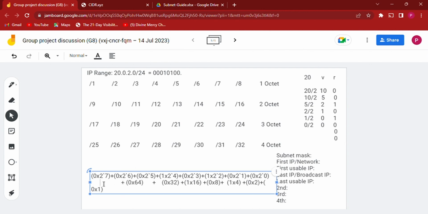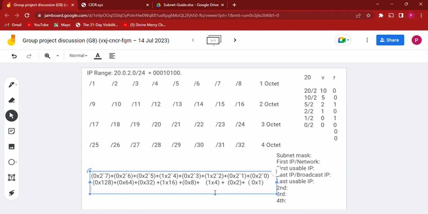Plus 2 raised to the power 7, 128, so 0 times 128. Any number times 0 is 0, right? So you know we'll get 0. I'm not going to write all of them again. This will give you 0, this will give you another 0, but this will give you 4.